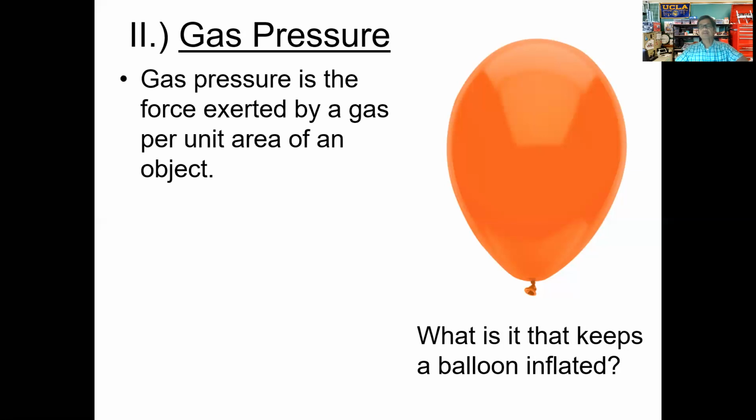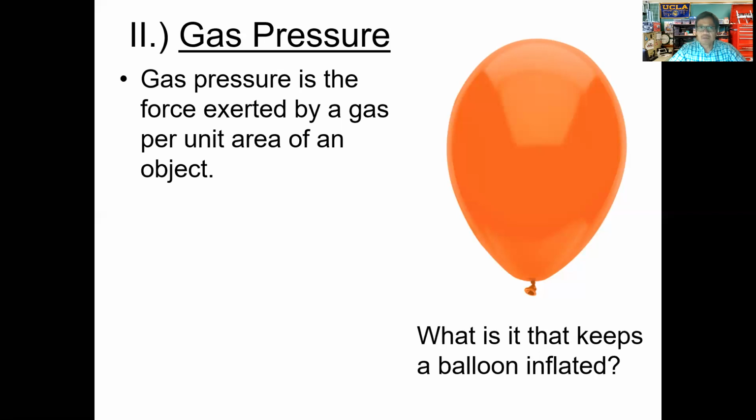Gas pressure is the result of force, and I'll define what a force is in just a moment, exerted by the gas per unit area of an object. This is an equation I can show you in just a moment. The force is a property of an object that it exerts on everything around it if it is in motion.